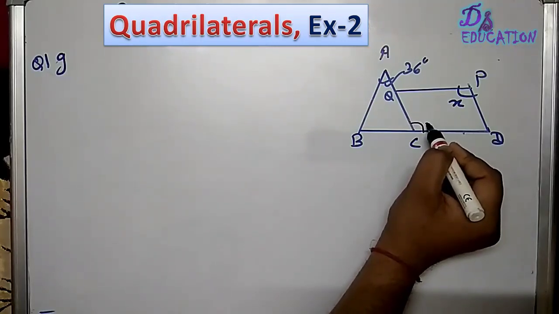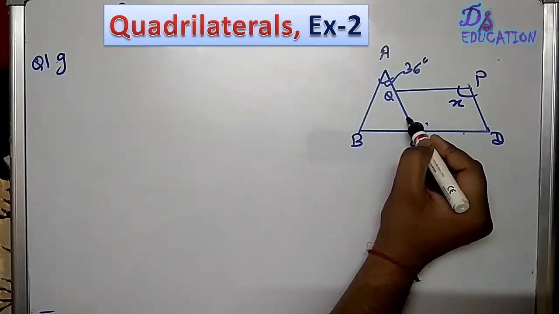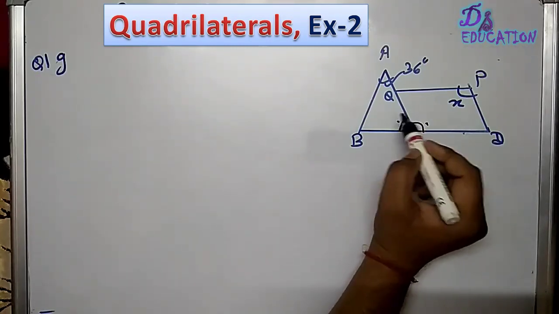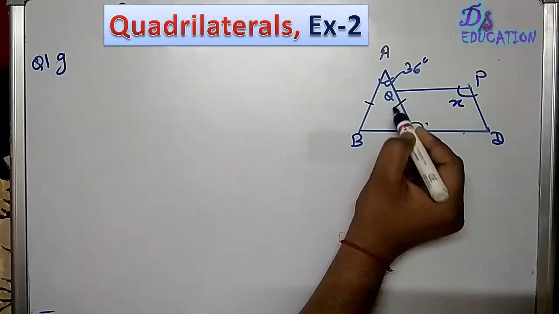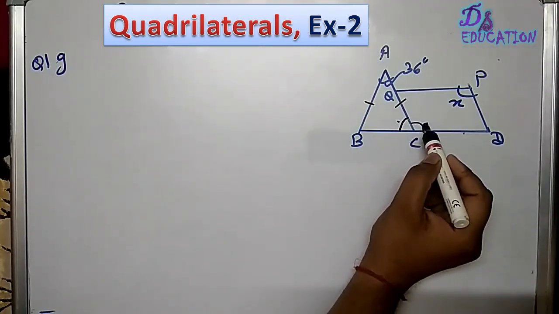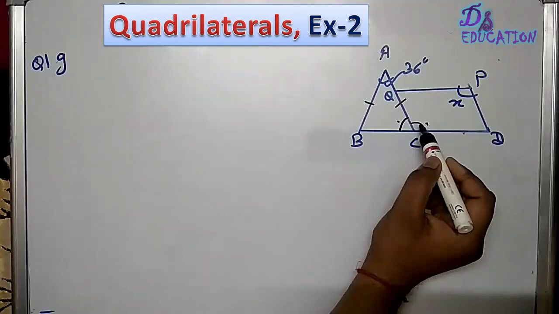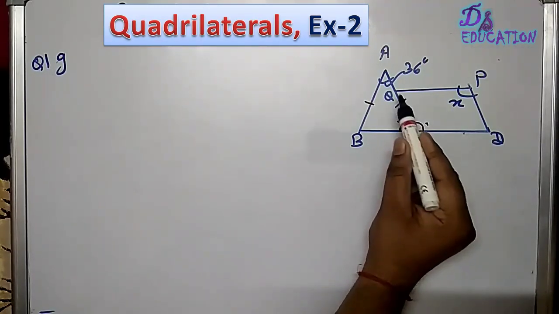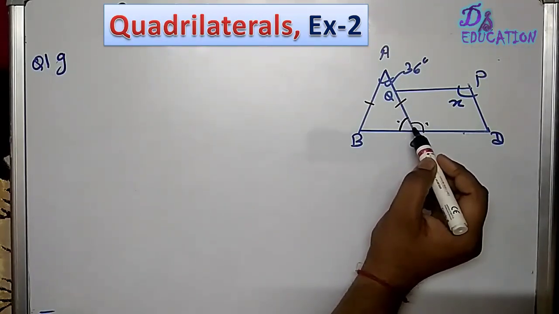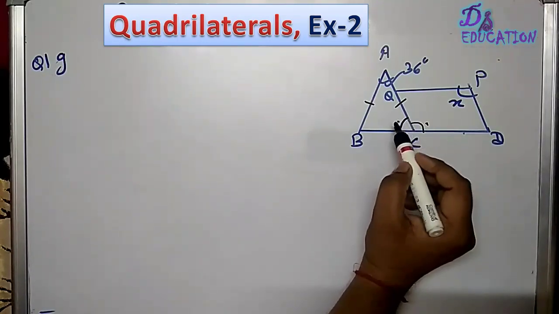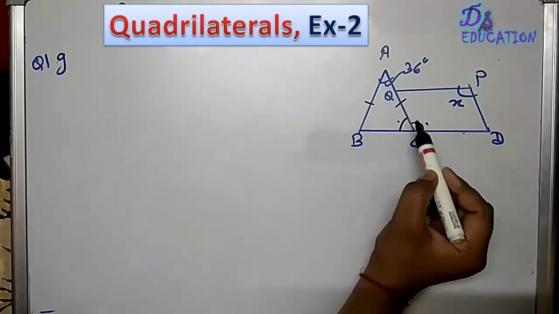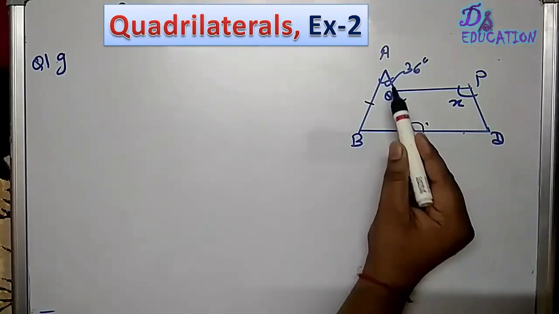But if I come here, then I will see that if I am knowing this angle, I will be able to find this angle, because these two angles are a pair of linear angles. Okay, now what are linear angles? The sum of two angles which have a common arm are called linear angles. Now another thing, AB and AC are equal, it is given in the question that AB is equal to AC.